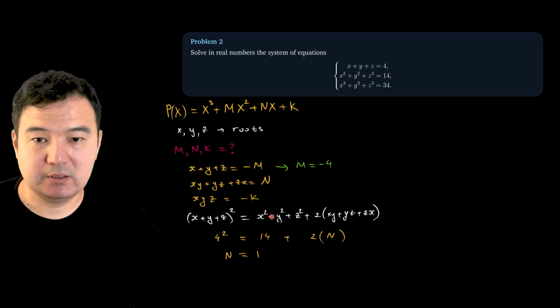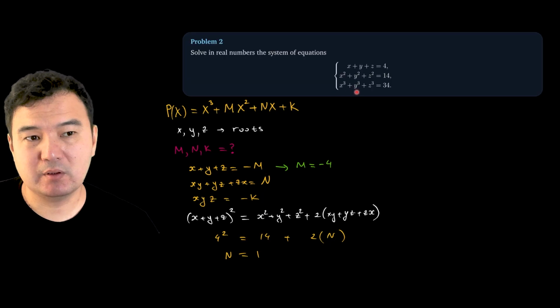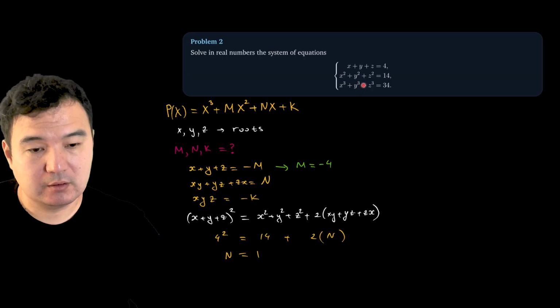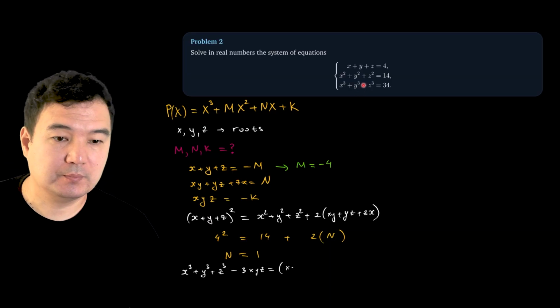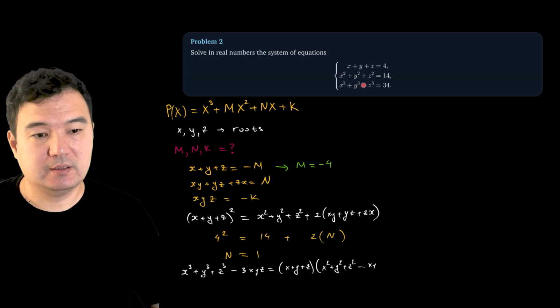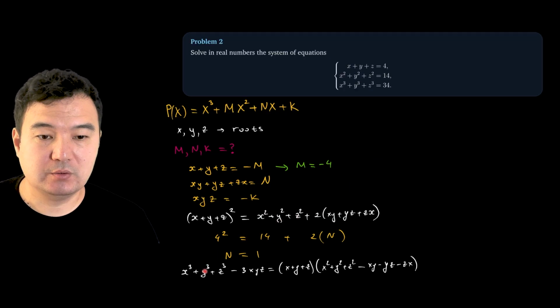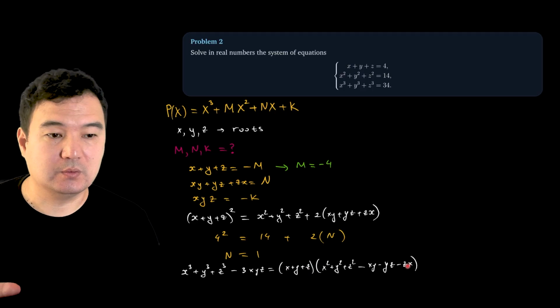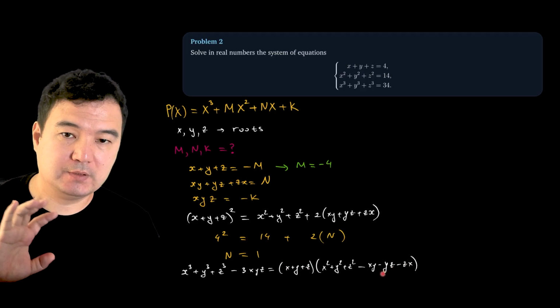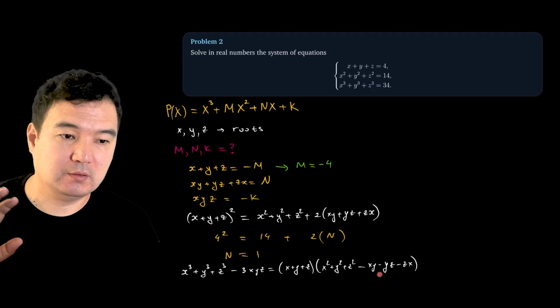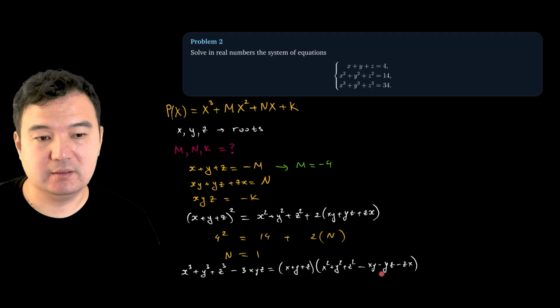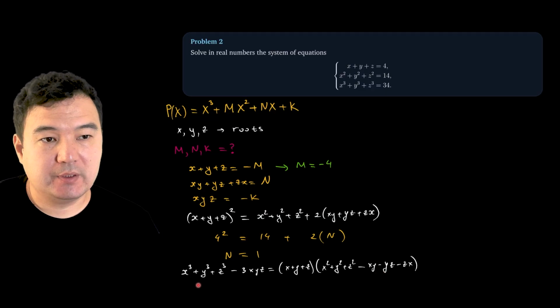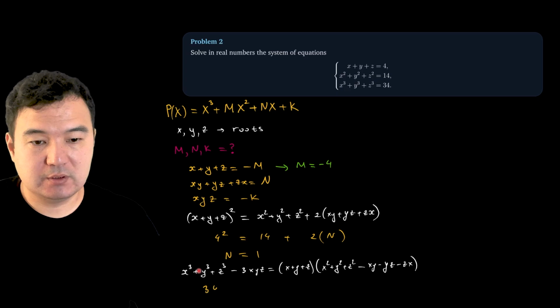Now the last one is k. For k, I'm going to use another equation for cubic expressions. The sum of cubes of three numbers minus 3xyz can be factorized as follows. This is one of the very important and well-known identities. So from here we can do a similar thing.